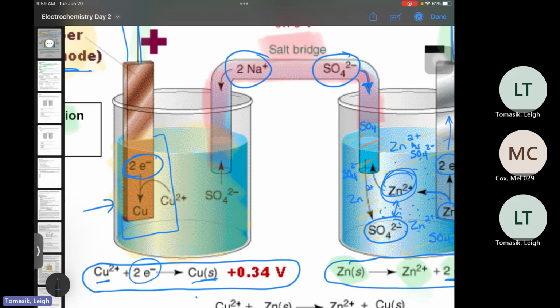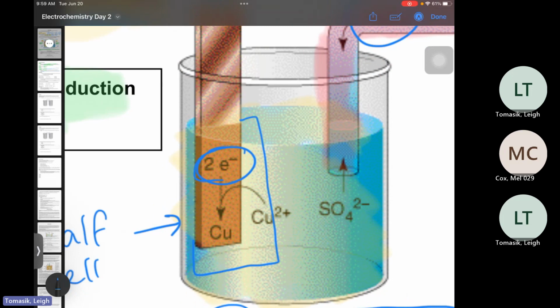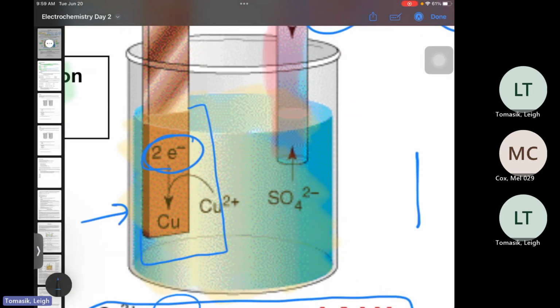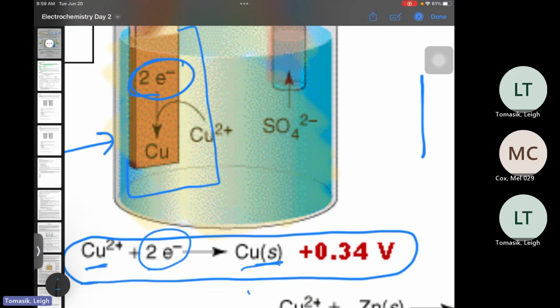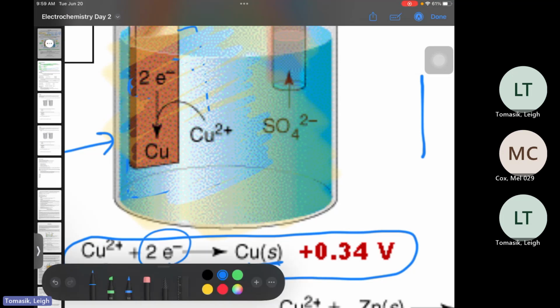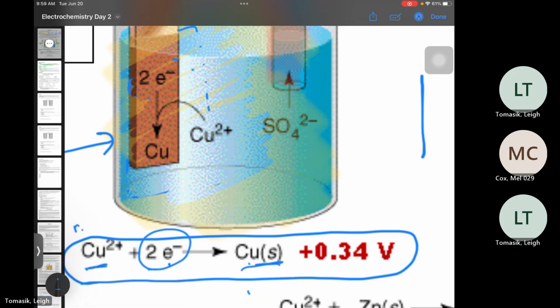On the other side, what's happening is a little bit different. The copper ions are picking up the 2 electrons and turning into solid copper. So as this reaction goes on over time, every time we do this reaction, we remove the copper 2+ ions from the solution, and they become part of copper metal.